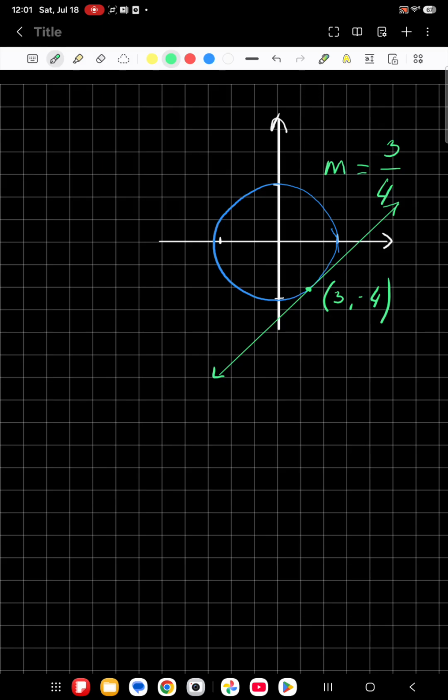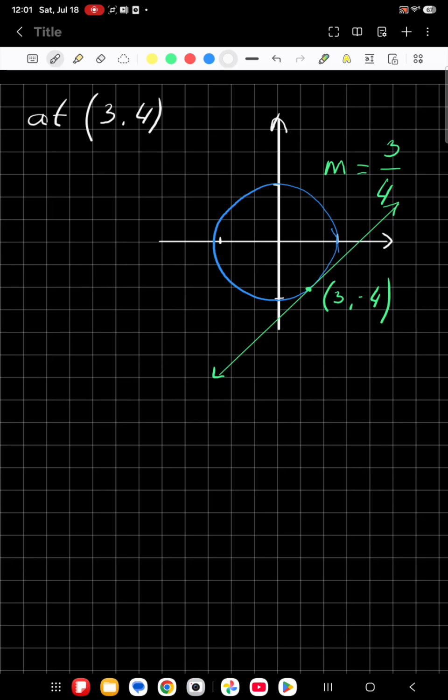Okay, so we could find the derivative at any point. So we could do, let's say, at (3, 4). Same thing: I would plug in that 3 and 4.